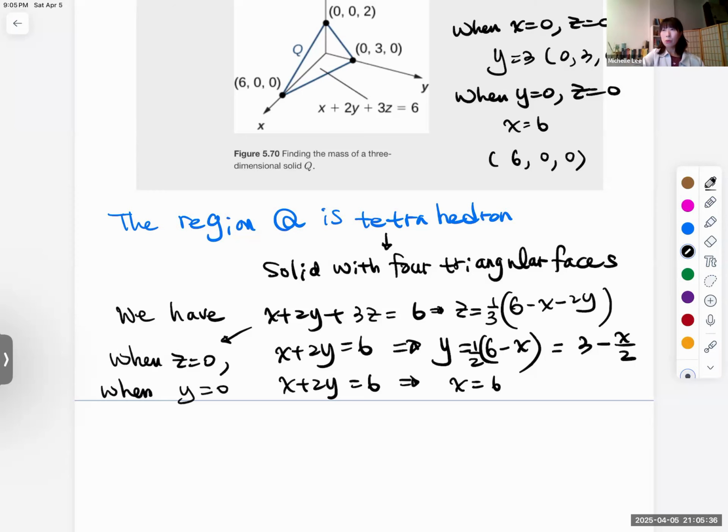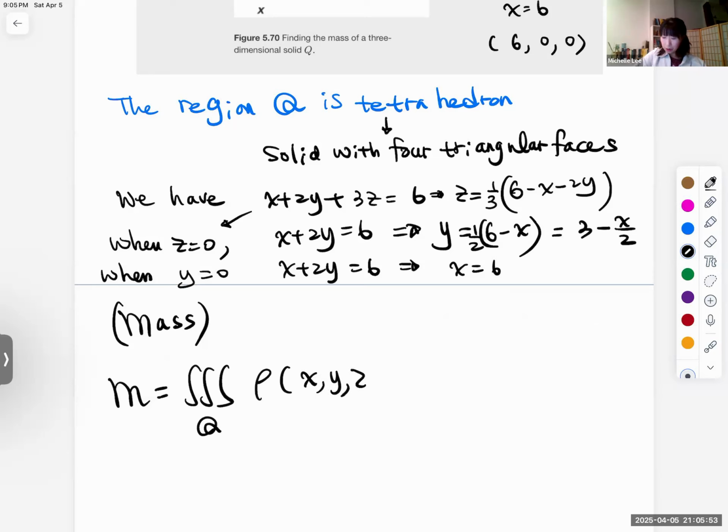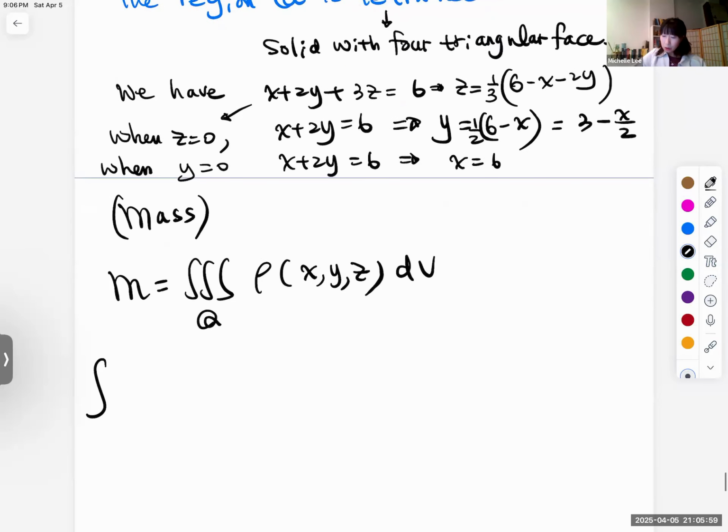Okay, so we want to find the mass. We use the letter m, the triple integral over region Q of the density function times the volume element.